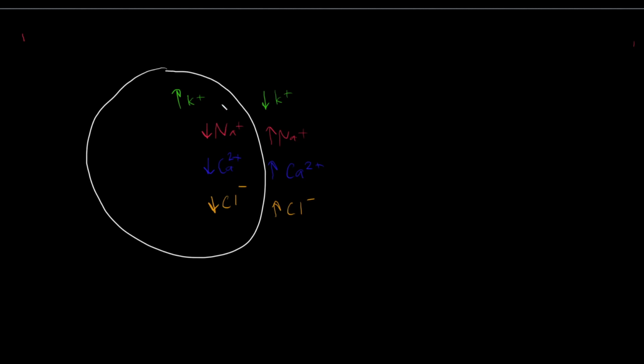So this creates a situation that gives us our resting membrane potential, which, spoiler alert, is typically around negative 65 millivolts. Really, it's between like 30 to 90 millivolts, but for the sake of most textbooks and whatnot, they typically have it at 65.